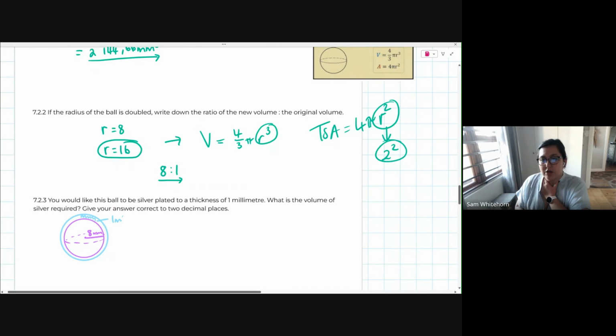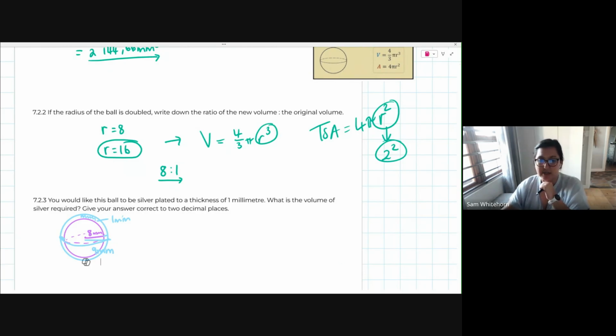So my first question to you is, if I now consider the blue sphere that is 1 millimeter thicker, we've got 1 millimeter extra on either side. And so that means that my new radius is 9 millimeters.